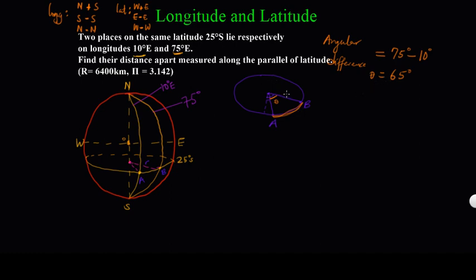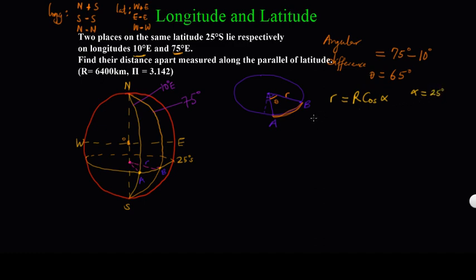So how do we then determine the radius of this? This is the radius of the small circle. The radius of a small circle has its own formula, which is small r is equal to the radius of the Earth times cos the angle of the latitude. In this our question, the angle of our latitude, that's alpha, is equal to 25 degree.